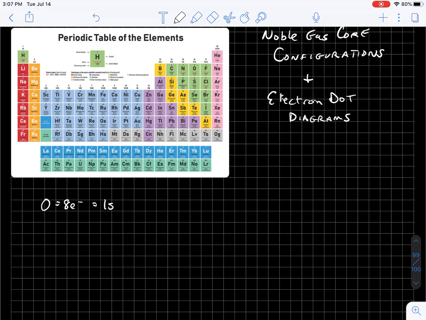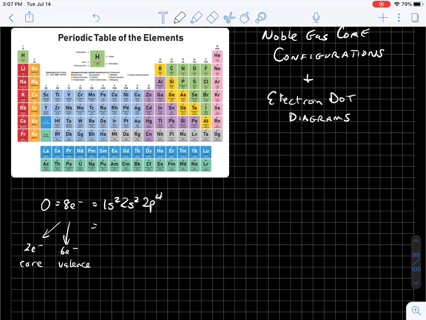And if we work it out, we get 1s2, 2s2, 2p4. And if you look at what's stable in the oxygen atom, 2 of the electrons are what we call core electrons, and the other 6 are what we call valence, which are available for bonding.